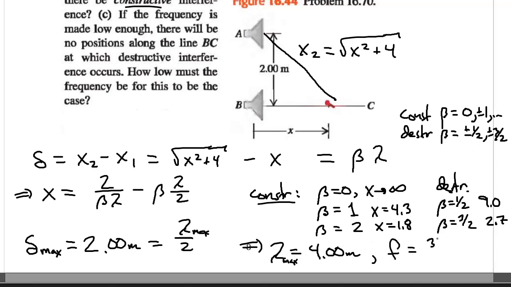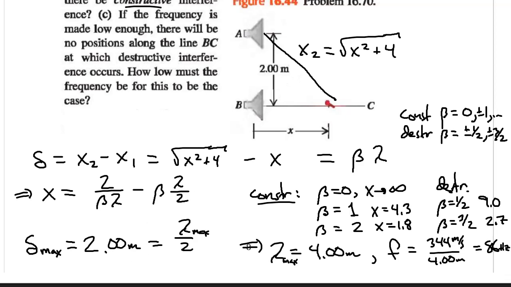F would be 344 meters per second divided by 4 meters, which gives a frequency of 86 hertz. Any lower than that and the wavelength's too long, and even when you're right up to speaker B, still the waves aren't half a wavelength out of step.